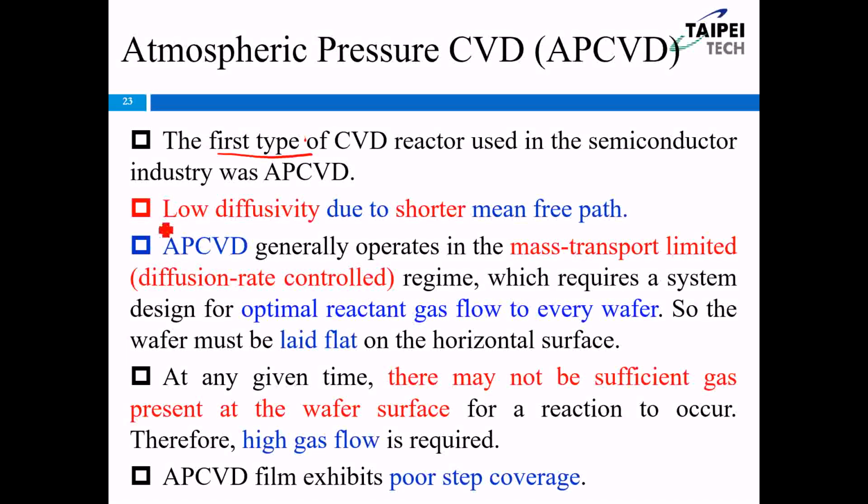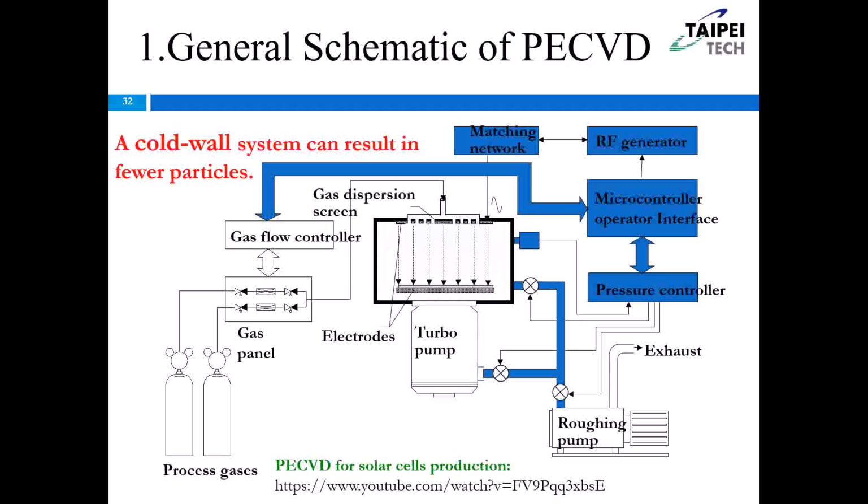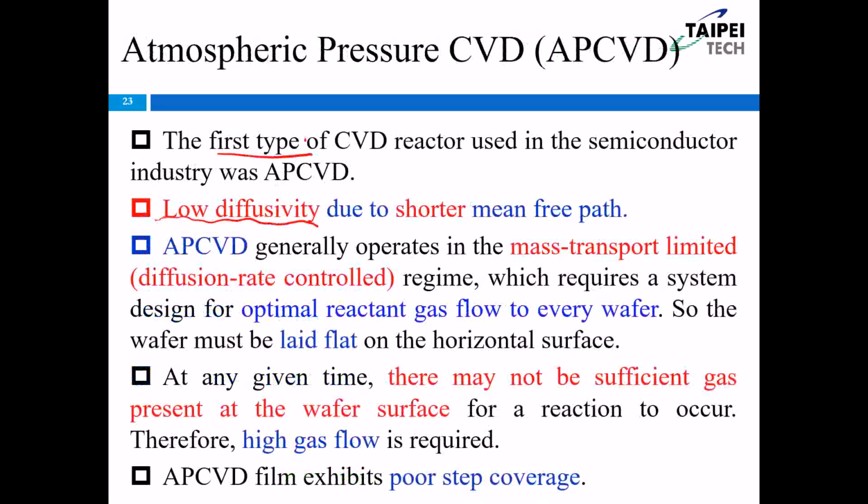For example, if I want to deposit silicon, what is the precursor? The precursor is SiH4, right? Silane is the precursor for silicon. So our target is silicon, I want to deposit the silicon, and today the precursor is silane.